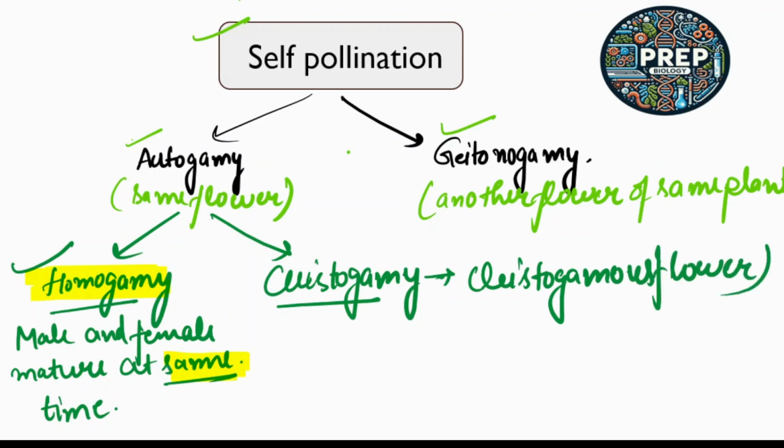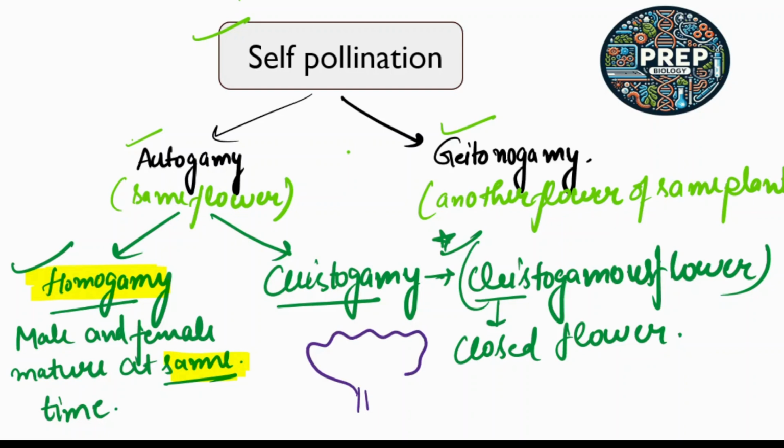We have discussed in the previous class what the difference is between cleistogamous and chasmogamous flower. Cleisto means a closed flower. So if the flower is closed in nature, meaning the reproductive organs are not exposed outside, then which type of pollination occurs?